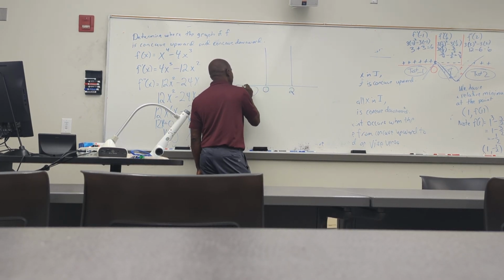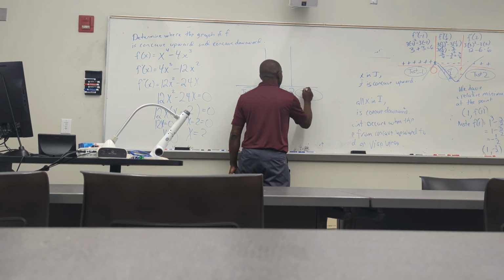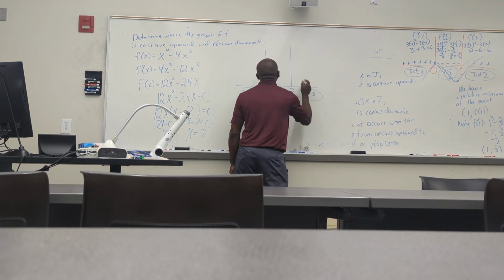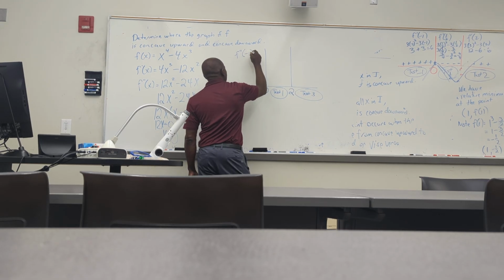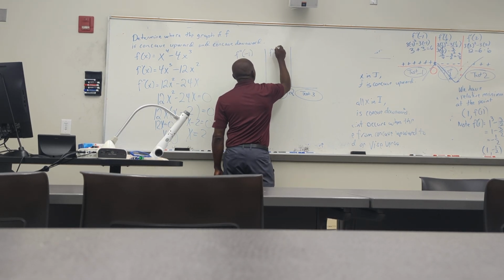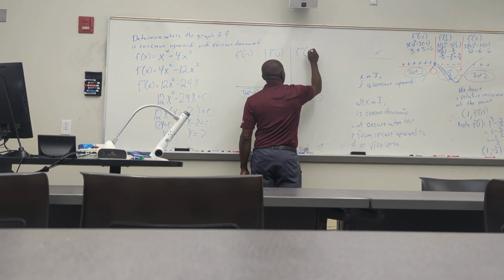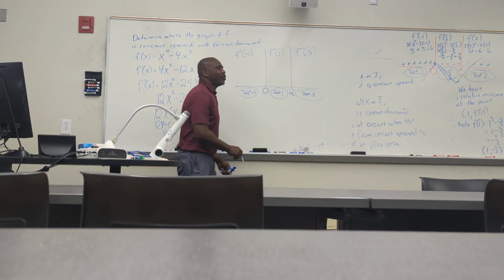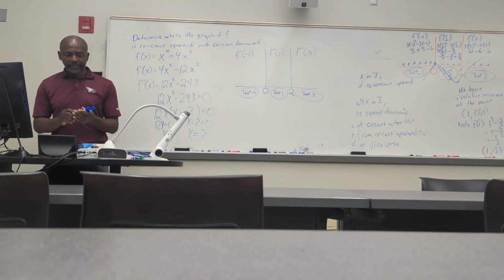What's the value over here you want to test? -1. Here? 1. Here? 3. So that means we gotta find f double prime of -1, f double prime of 1, and f double prime of 3. Only difference is now we're using the second derivative instead of the first derivative.